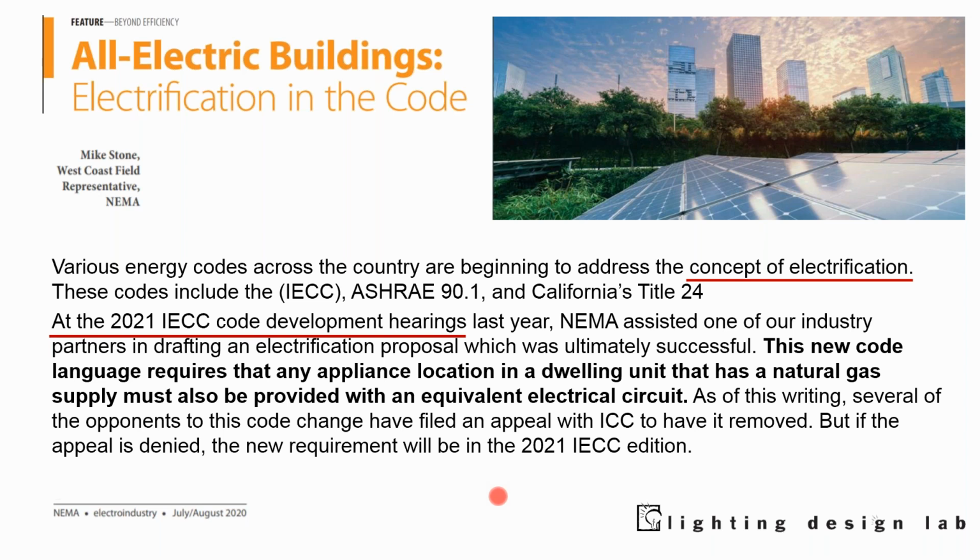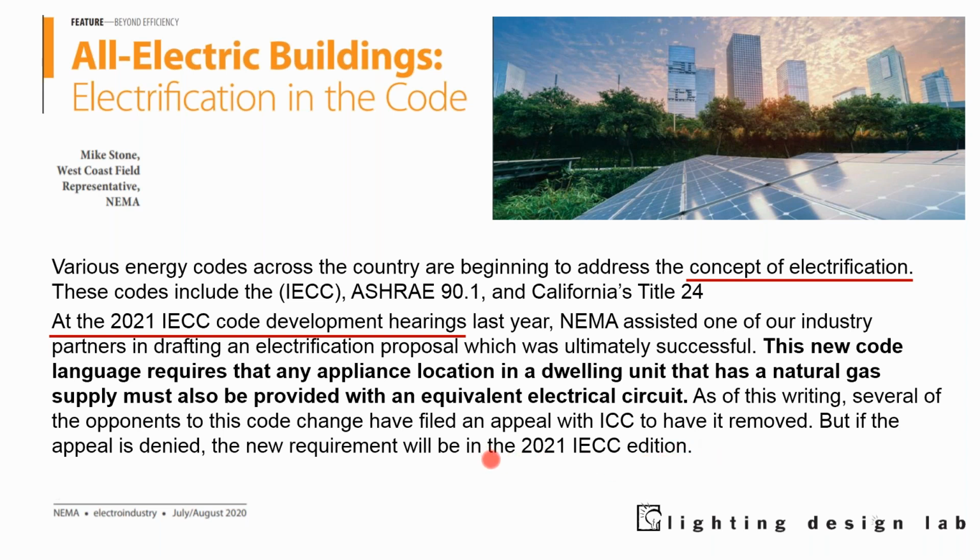So if you wanted to switch to electric, it wouldn't be onerous to redo that utility system. As of this writing, several opponents to this code have filed an appeal to have it removed, but if the appeal is denied, it will be in the new IECC edition.